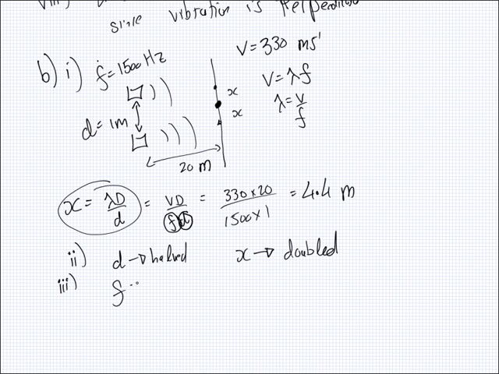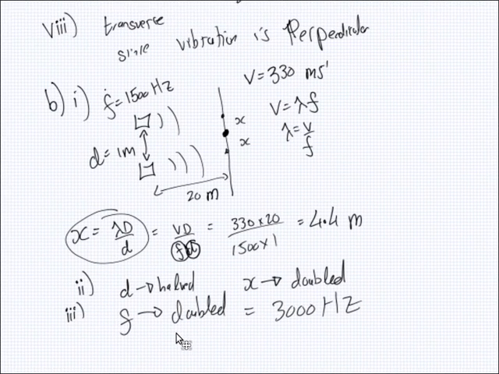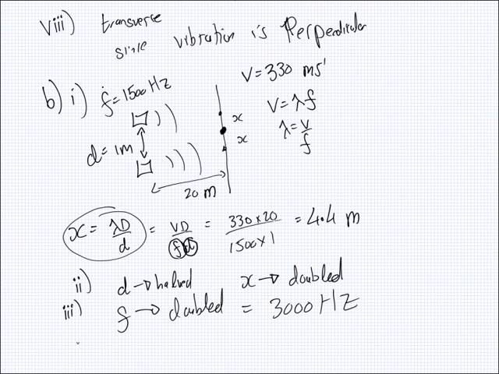Did they ask you to calculate it? No, it doesn't matter because it's just going to be 3000 hertz then. What's the next part? It's B5.